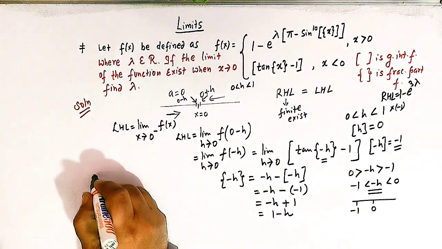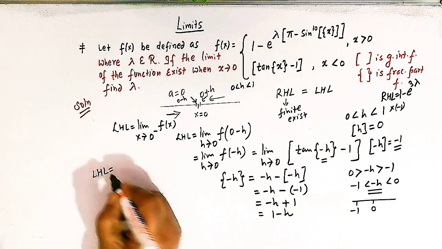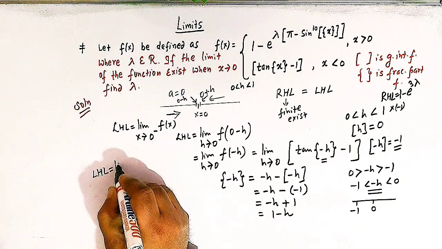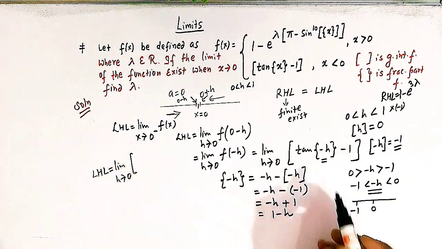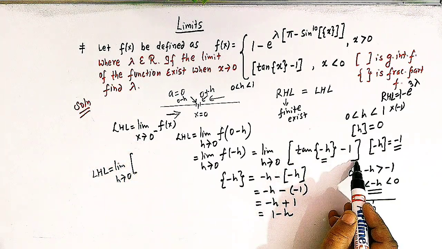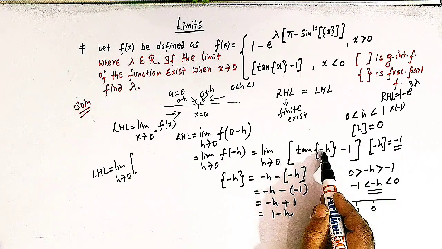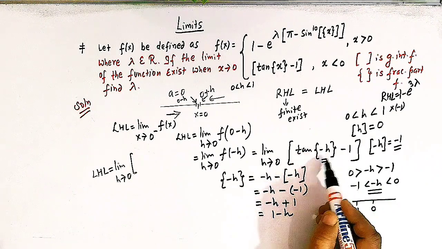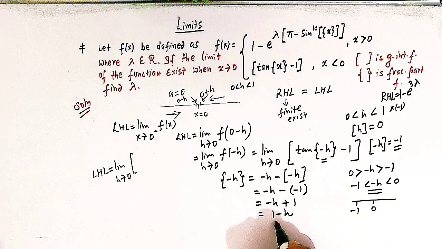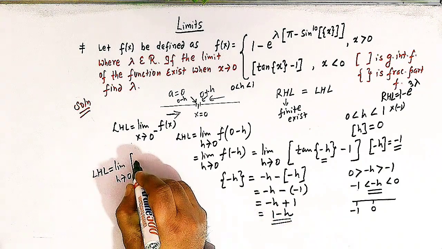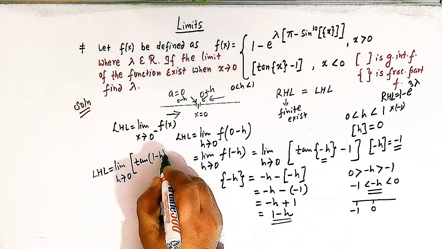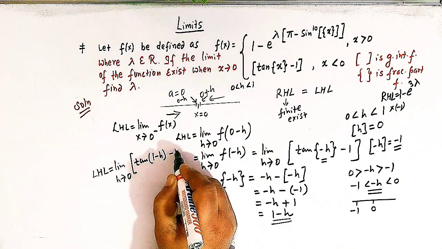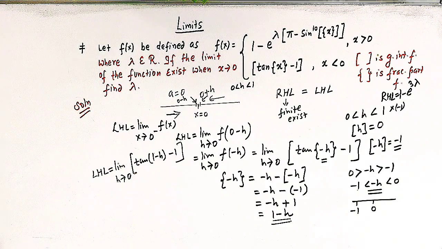So now we can write the left hand limit as the limit as h tends to 0 of the greatest integer of tan of the fractional part of minus h. So the fractional part of minus h may be replaced by 1 minus h. So here we have tan of 1 minus h, and here we have minus 1, right?